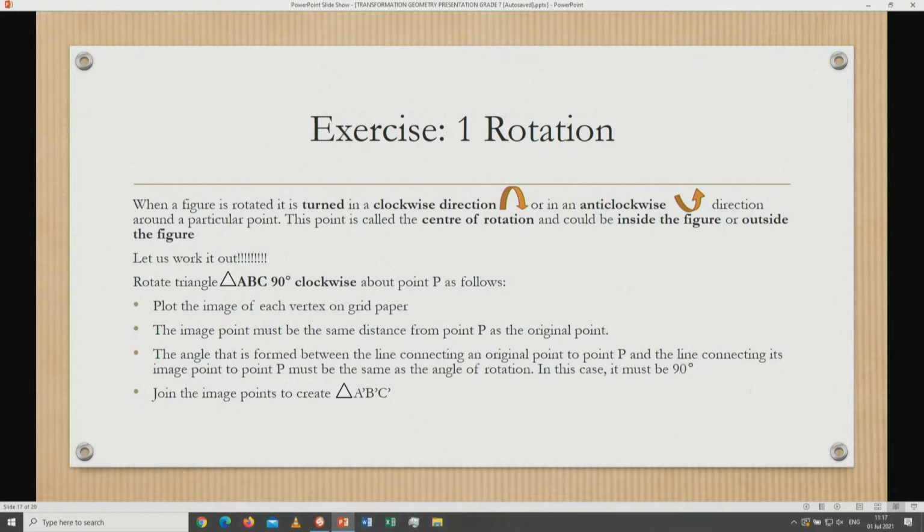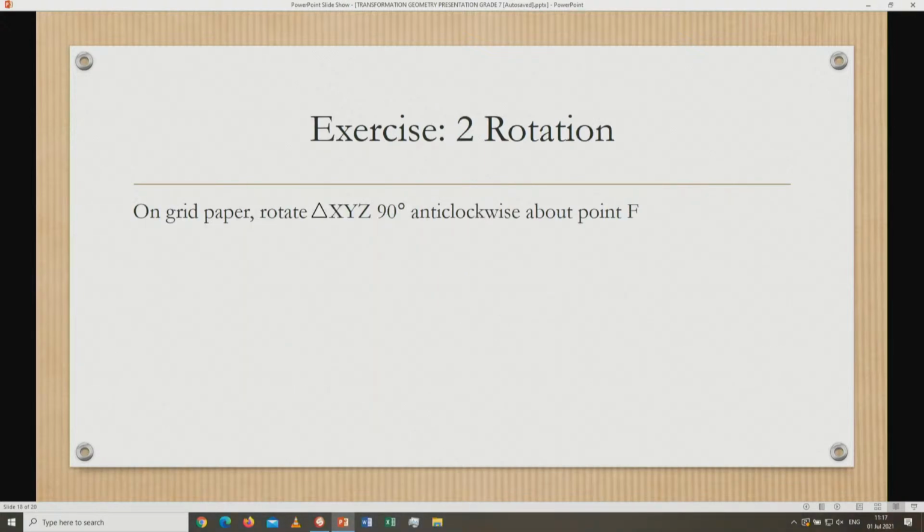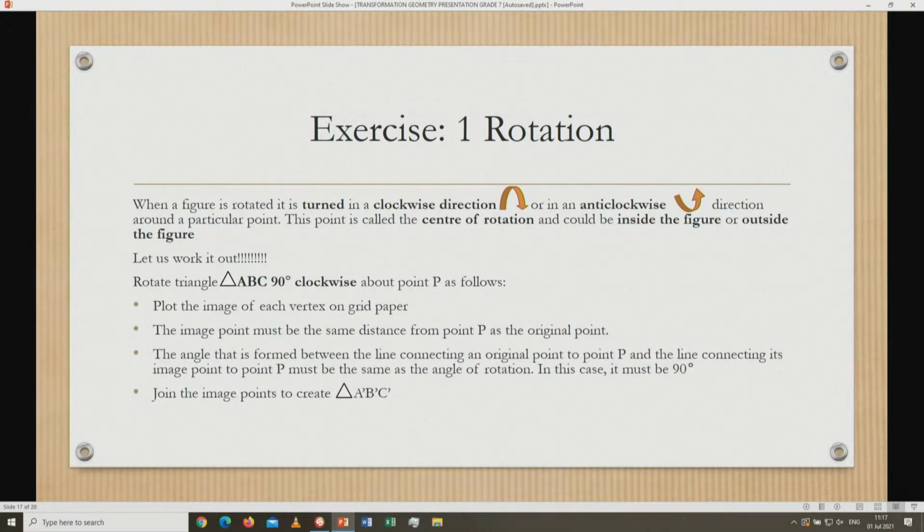For example, let's say rotate triangle ABC 90 degrees about point P. Point P in this case is our center of rotation. On a grid paper, I'll move to the second one.